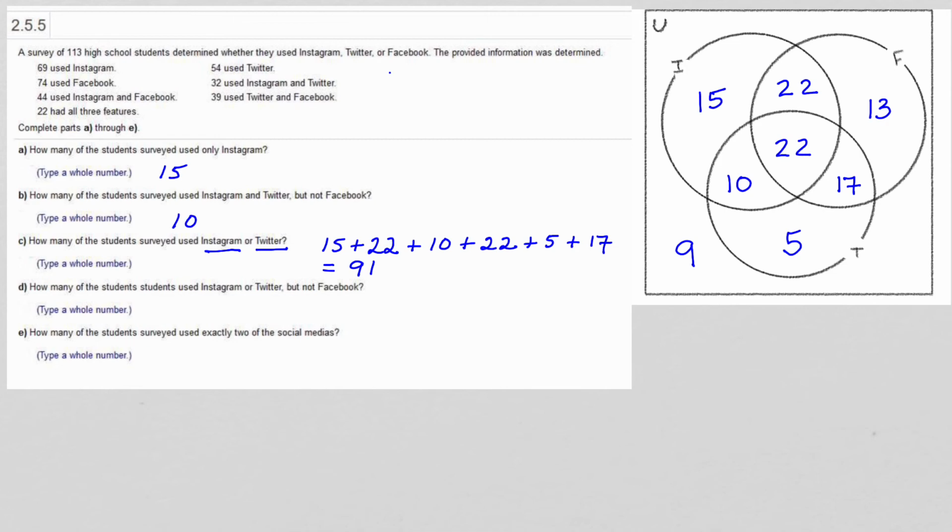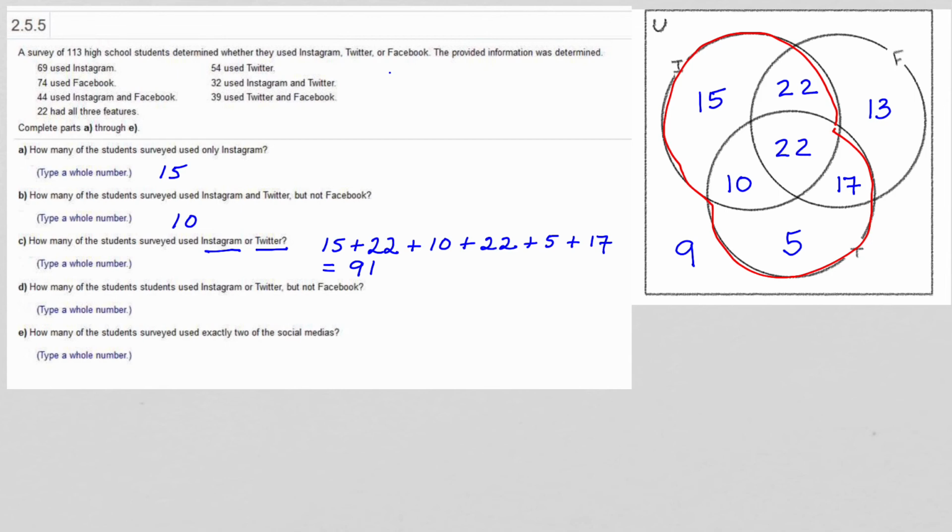There's actually a couple of ways to look at it. While I was looking at the numbers and thinking, what are they going to add up to? What I actually did was I said, well, I want to add up these numbers. I want the numbers inside that red area.